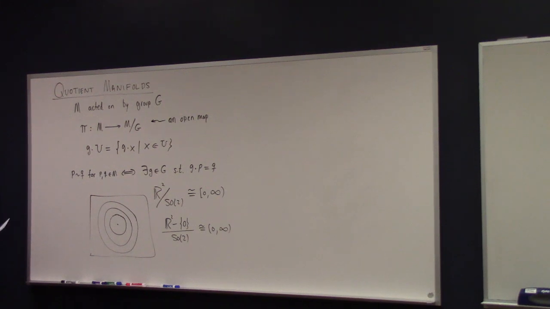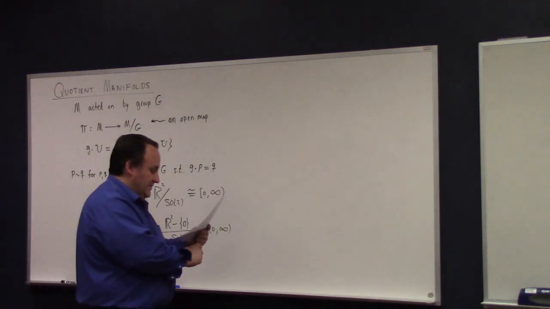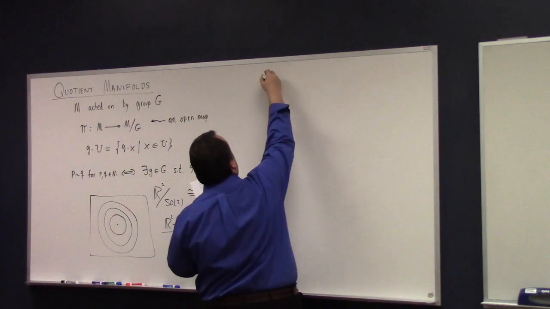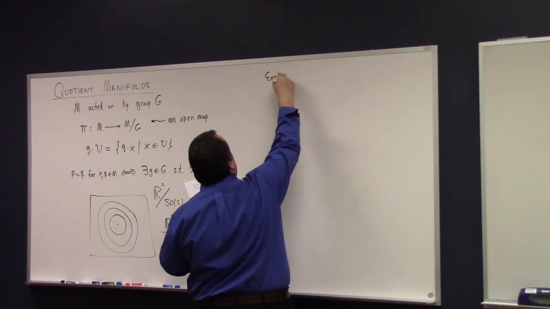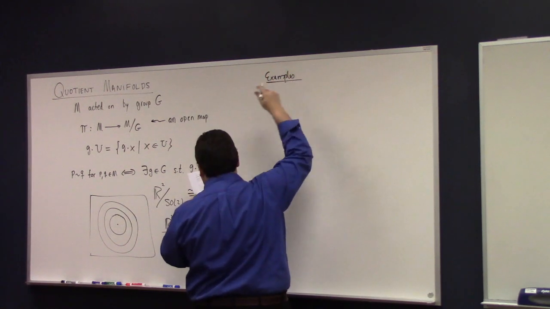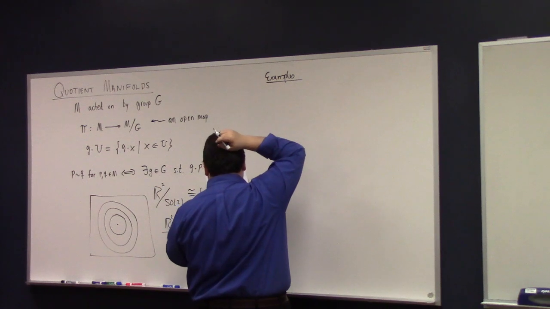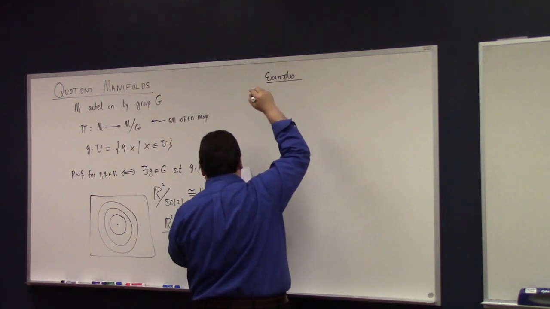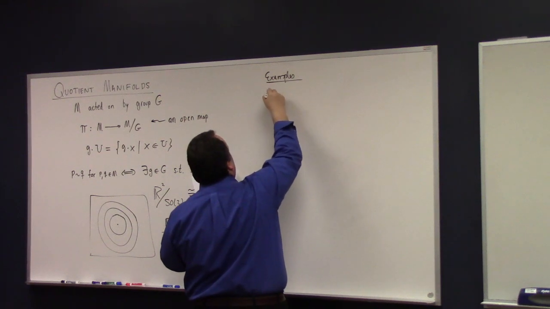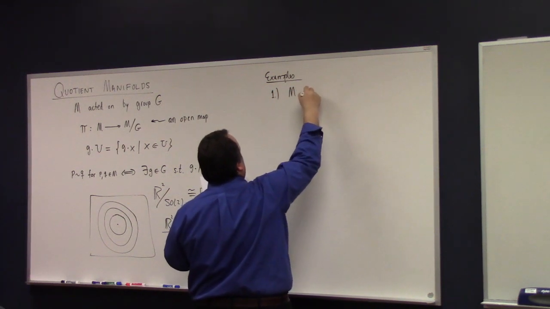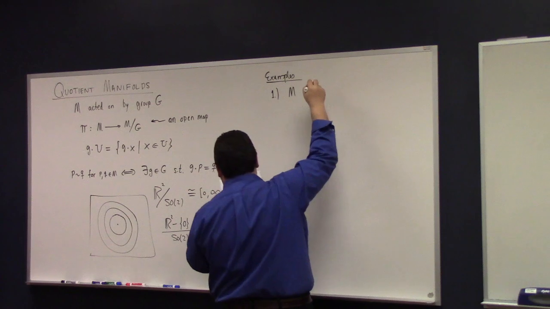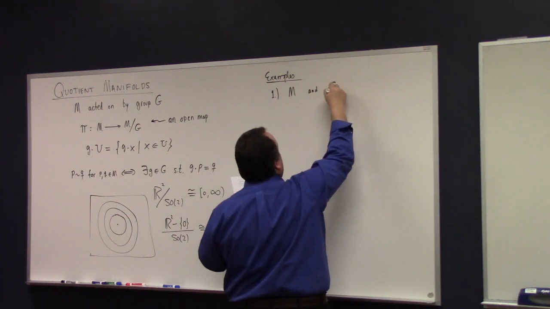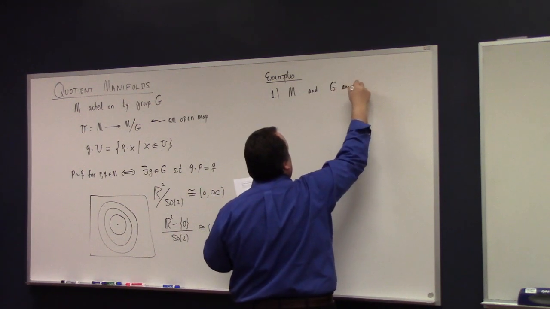All right, so some examples of smooth group actions include, so here's one, the trivial action. M is a manifold, and G is any group.